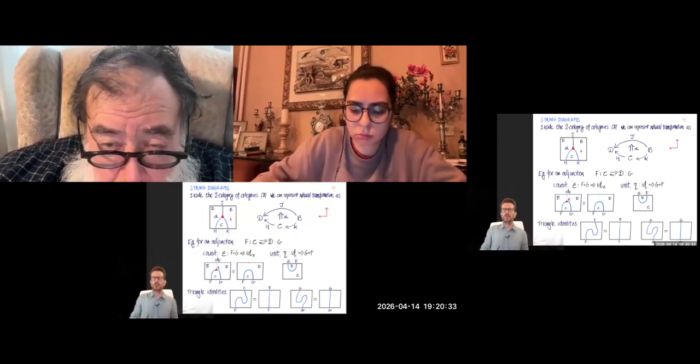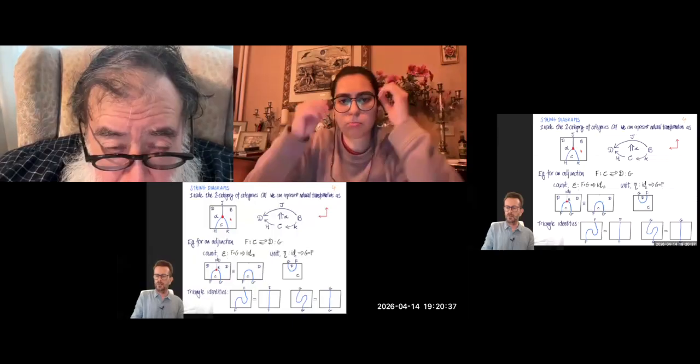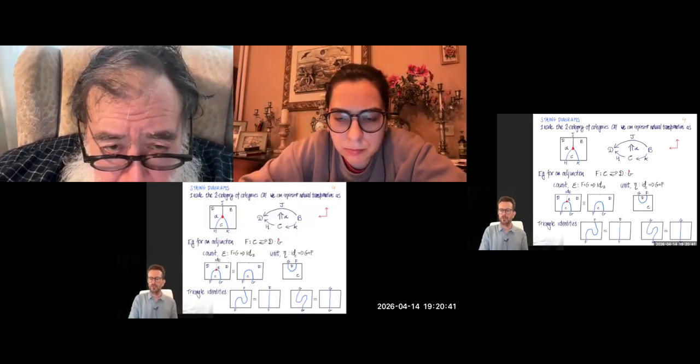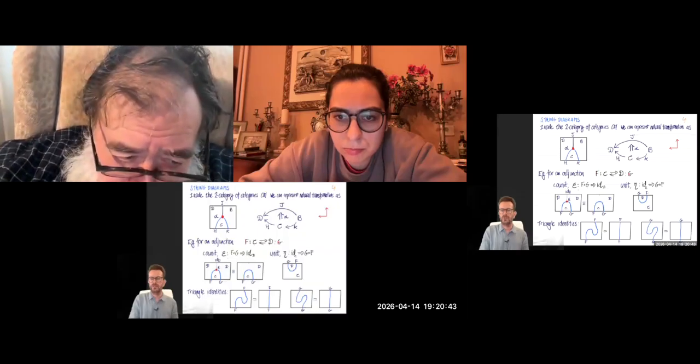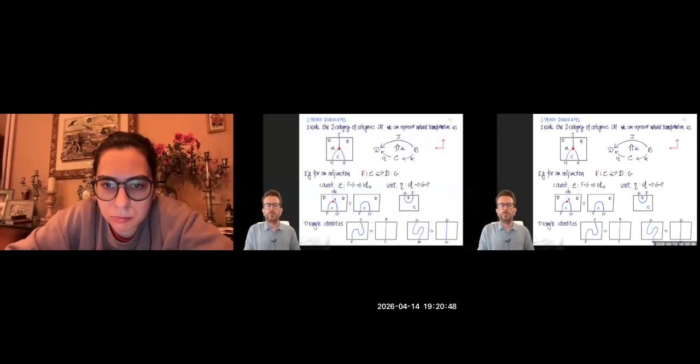The classic example of where this is nice is for an adjunction. I realized I'm going to call my adjunction, here I've called it F and G, I might switch to F and U in a minute. If we have a left adjoint F and a right adjoint G, then we have a co-unit for the adjunction and we have the unit for the adjunction.